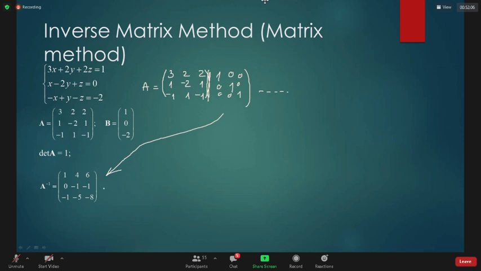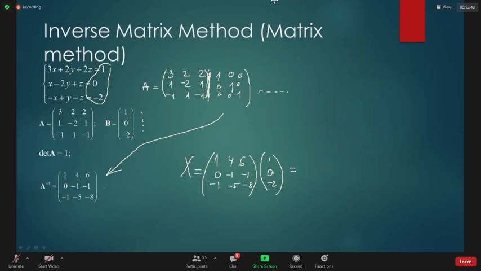It's this. And so now the B for the system of equations, the B column is this, 1, 0, minus 2. So the X should be A inverse, 1, 4, 6, 0, minus 1, minus 1, minus 1, minus 5, minus 8, A inverse multiplied by B. And B is 1, 0, minus 2.